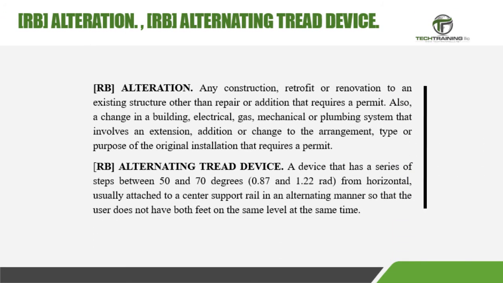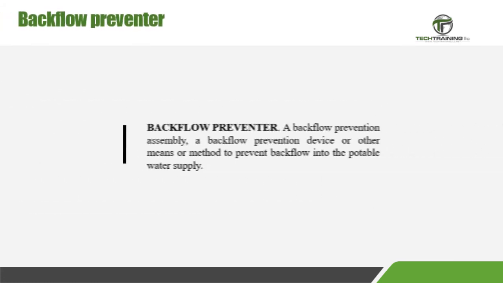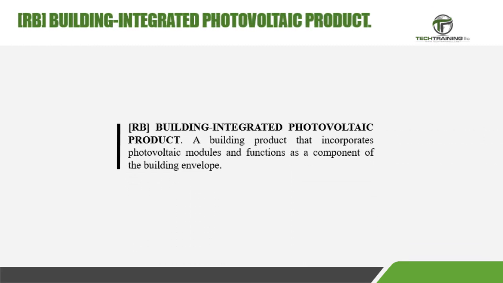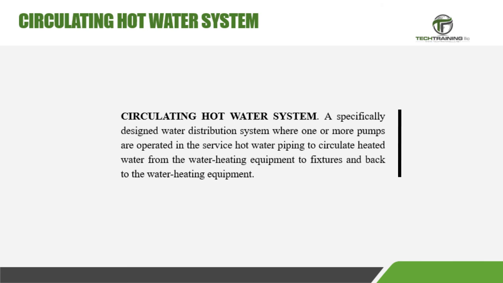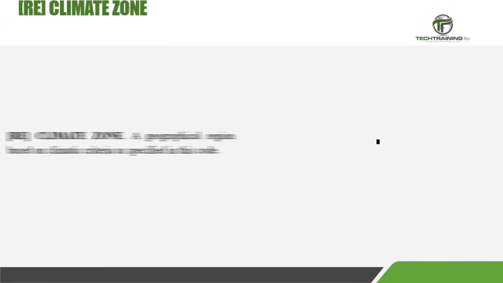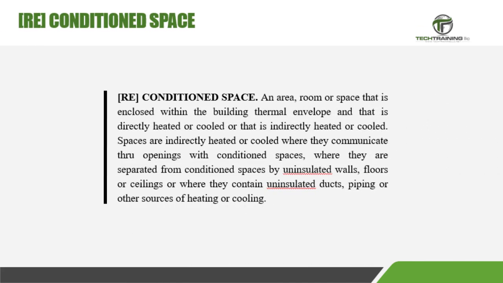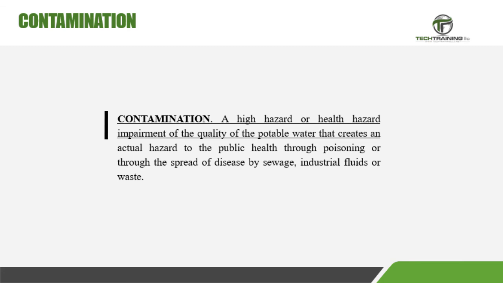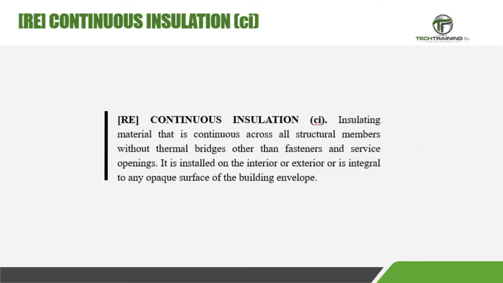Alteration. Alternating trade device. Backflow preventer. Building integrated photovoltaic product. Circulating hot water system. Climate zone. Collection pipe. Conditioned space. Contamination. Continuous insulation, CI.